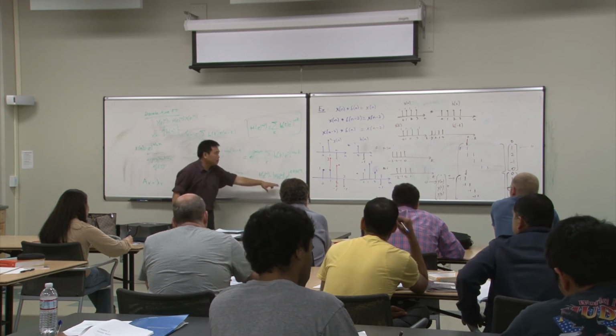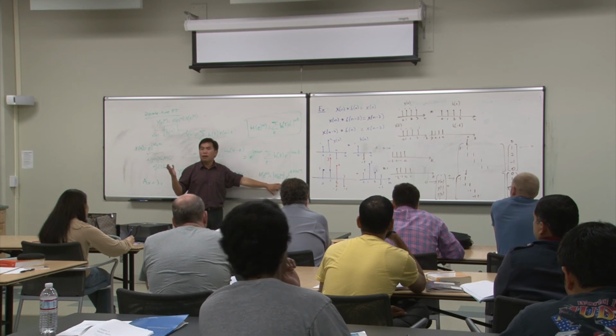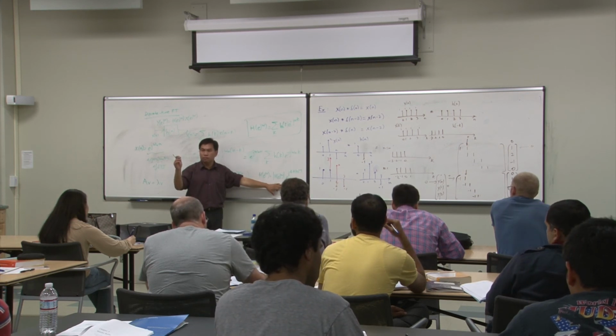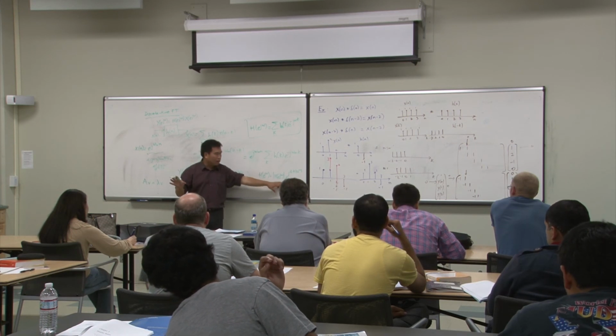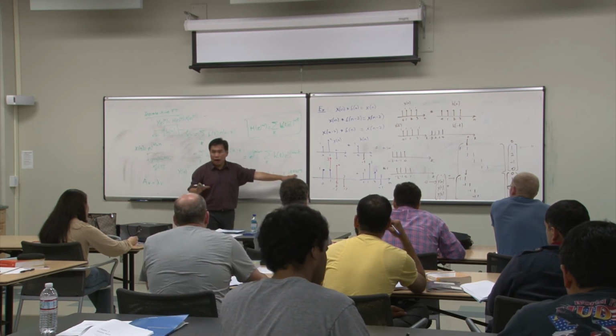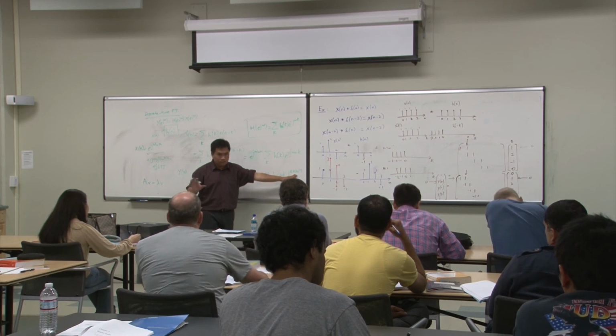How do you find the magnitude response of a complex number? Absolute value, so basically the square root of the imaginary part squared plus the real part squared. How do you find the phase? Arctangent of imaginary over real. Okay?